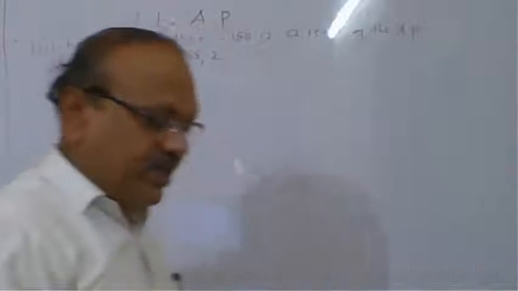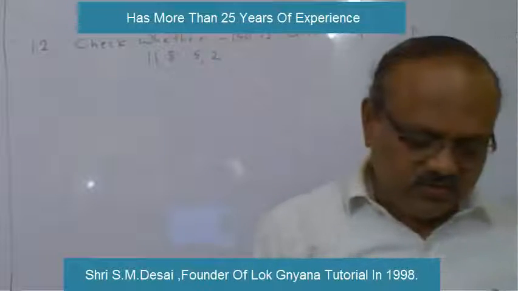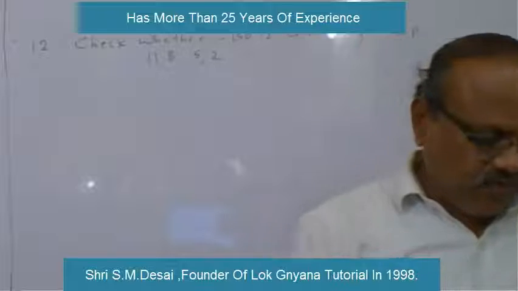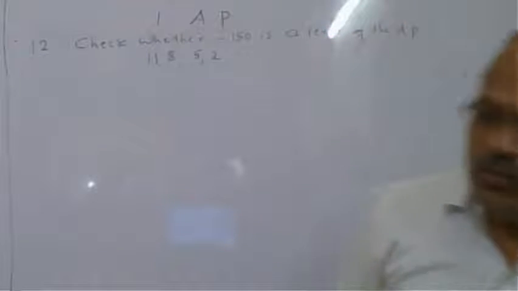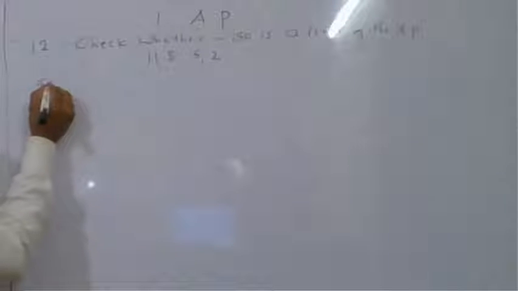You have to check whether a given number is a term of an AP. See, in this type of problem, how to solve? Check whether minus 150 is a term or not.